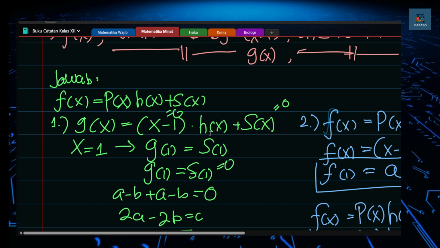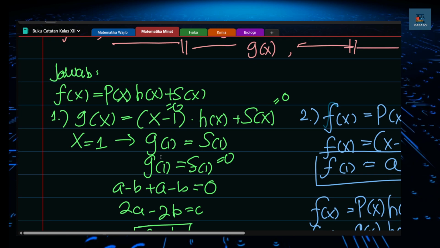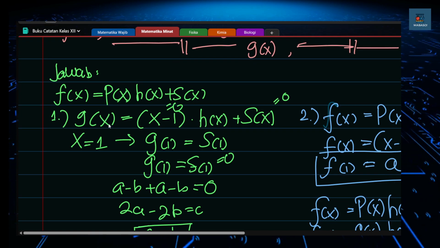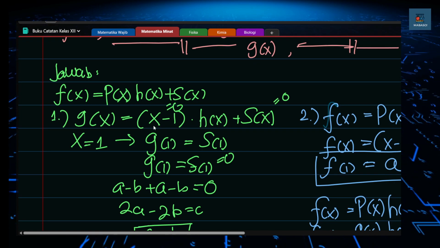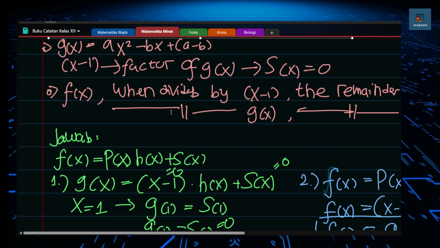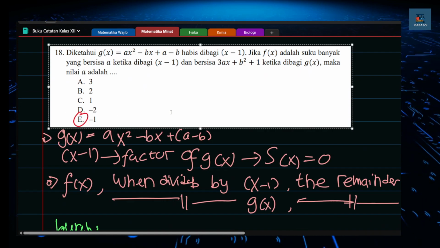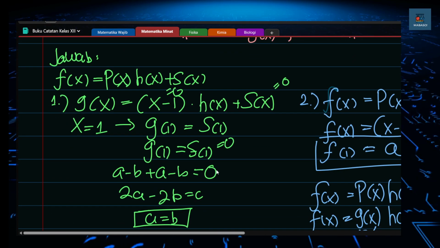So if we insert x equal to 1 into the equation, replacing all x with 1, g(1) is equal to s(1), and because x minus 1 is a factor of g(x), the remainder would be equal to 0.